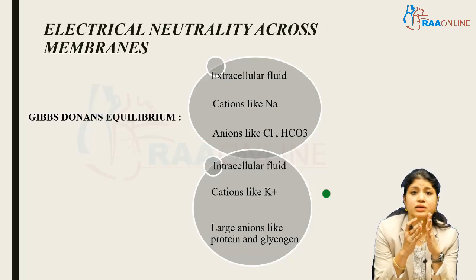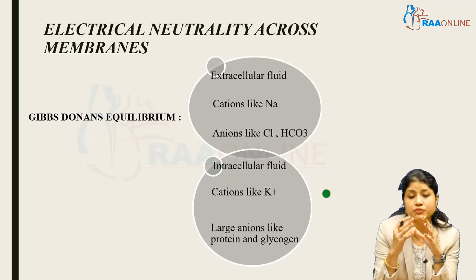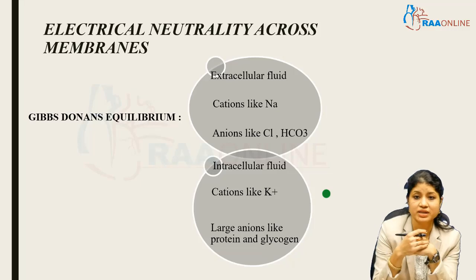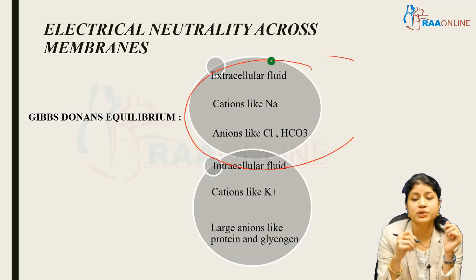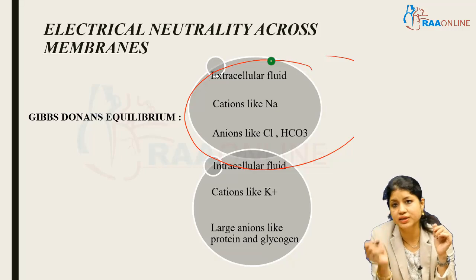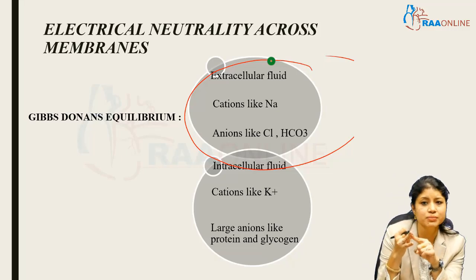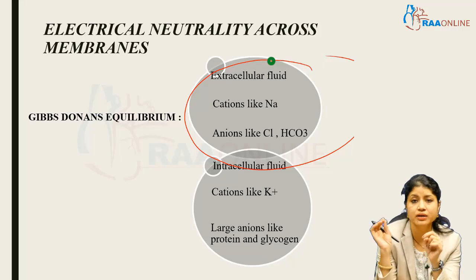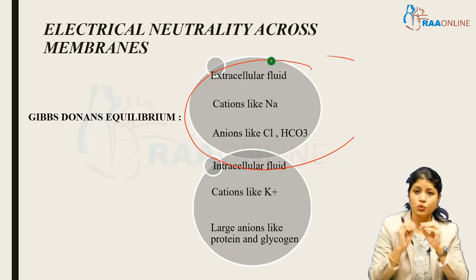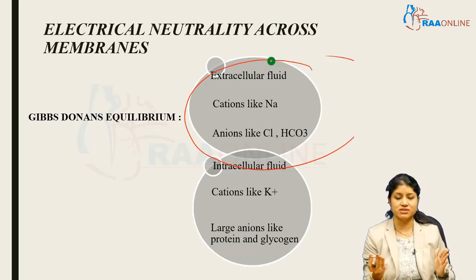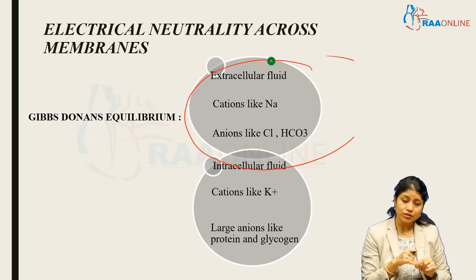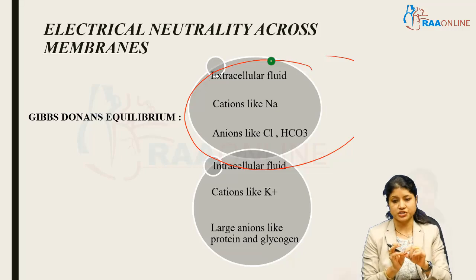So, the composition of your fluids, the intracellular fluid as well as the extracellular fluid. Your extracellular fluid is predominated by cations like sodium and to a small extent by anions like chloride and bicarbonate. Very important to remember, sodium is an extracellular cation. Sodium is mostly present in the extracellular fluid, whereas in your intracellular fluid you have mostly potassium.